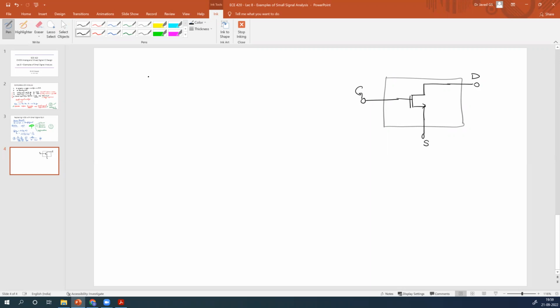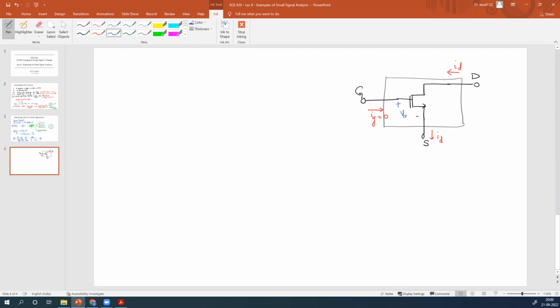Now, what are the other equations that we had said? IG is 0. ID will flow out through IS. Observe the notations. Both are always small, right? Now, what is VGS?